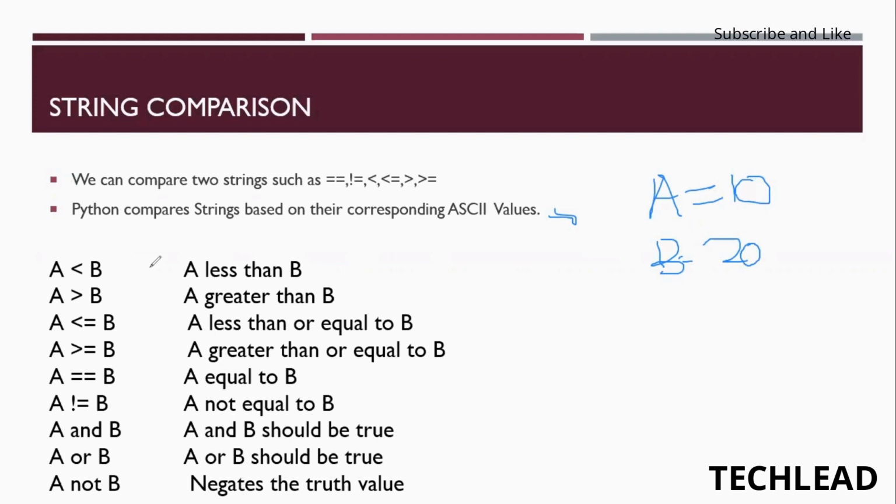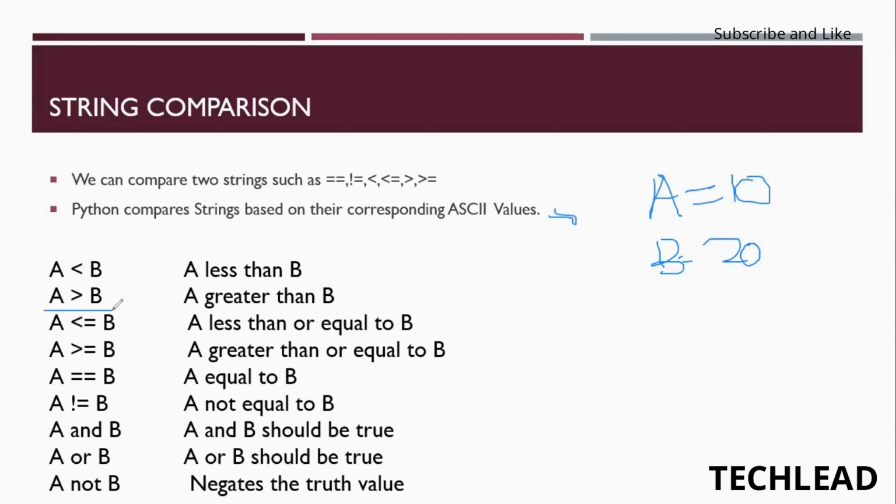If we run this command in the compiler, is A less than B? Yes, it is true. Therefore, the Python interpreter gives true as the result of this condition.